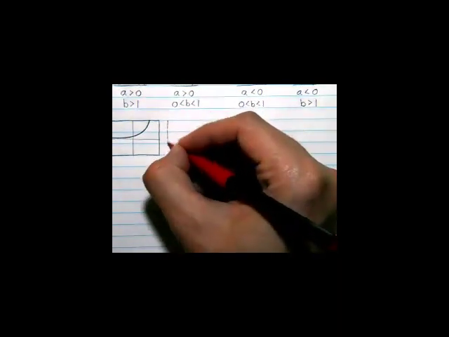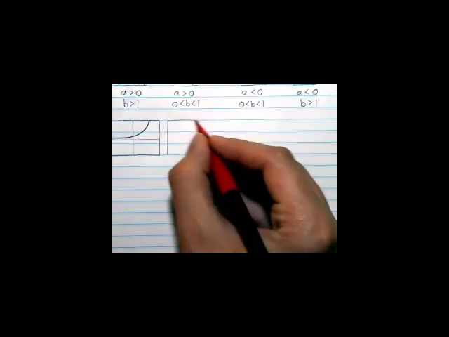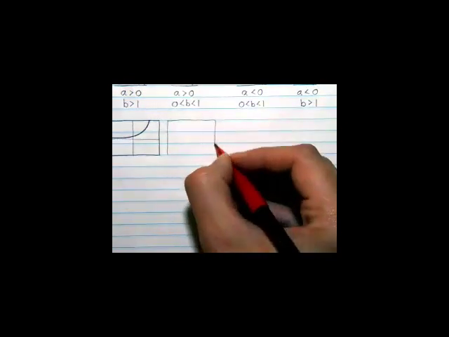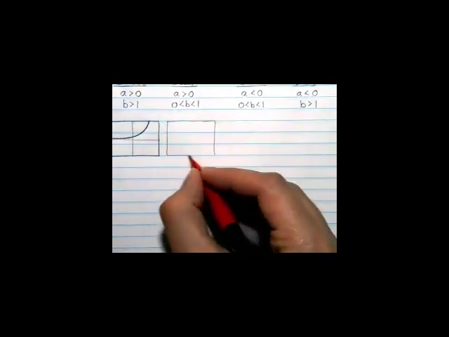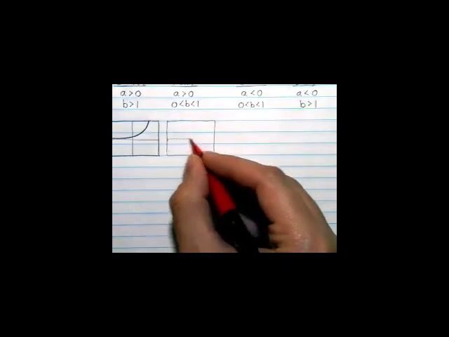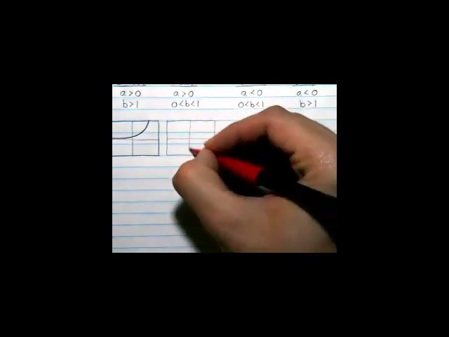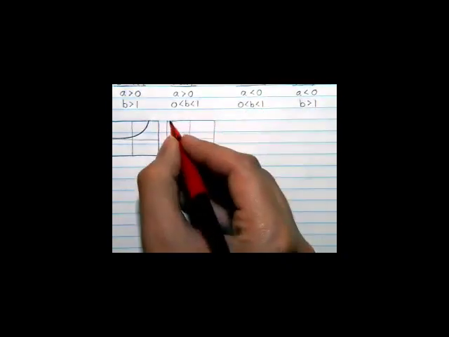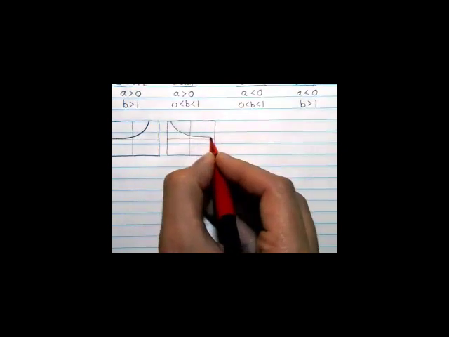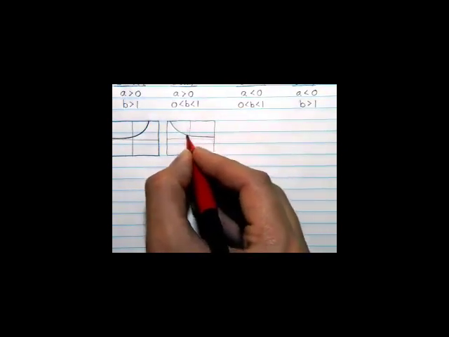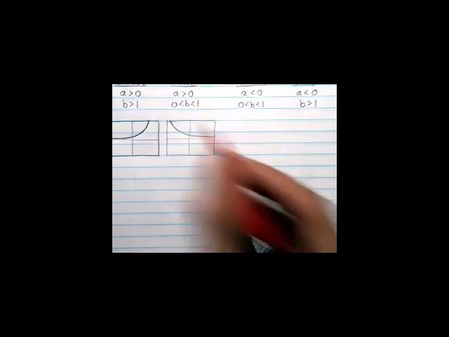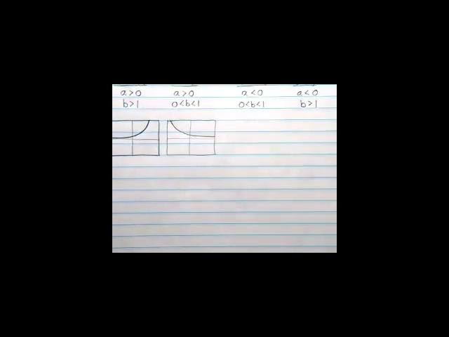If that base is between 0 and 1, but A is still positive, then it's going to do something kind of like this. So growth, decay, right?